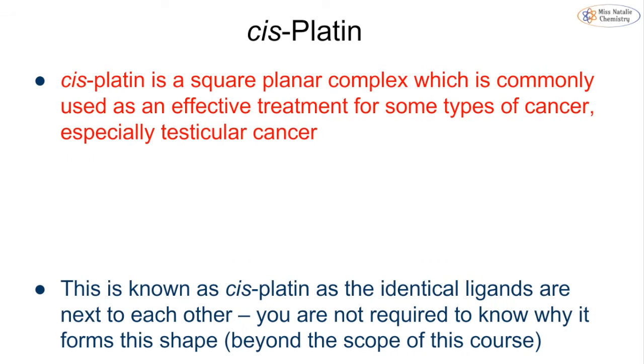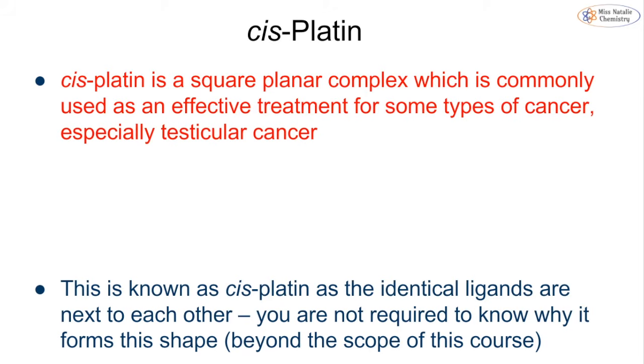Now, a very common square planar complex that we should know about is called cisplatin. And cisplatin is very commonly used as an effective treatment for some types of cancer, in particular for testicular cancer or potentially for breast cancer as well. And you don't need to know why cisplatin forms this square planar complex.